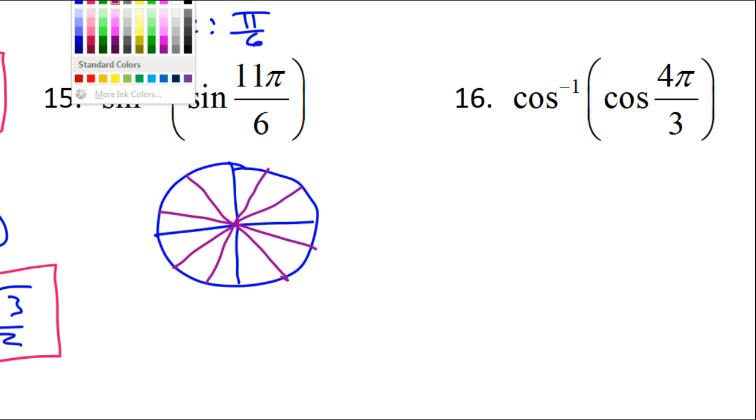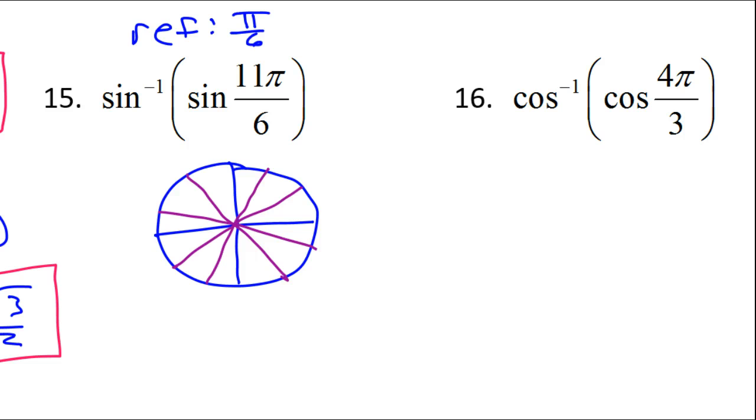Now, 11 pi over 6: 1, 2, 3, 4, 5, 6, 7, 8, 9, 10, 11 pi over 6 is right here. So, what is the sine of 11 pi over 6? Well, starting with the reference angle, I know that the sine of pi over 6 is 1/2. Right?